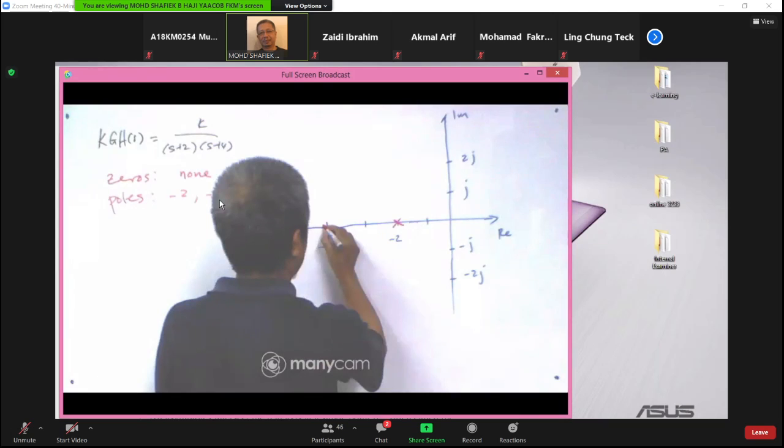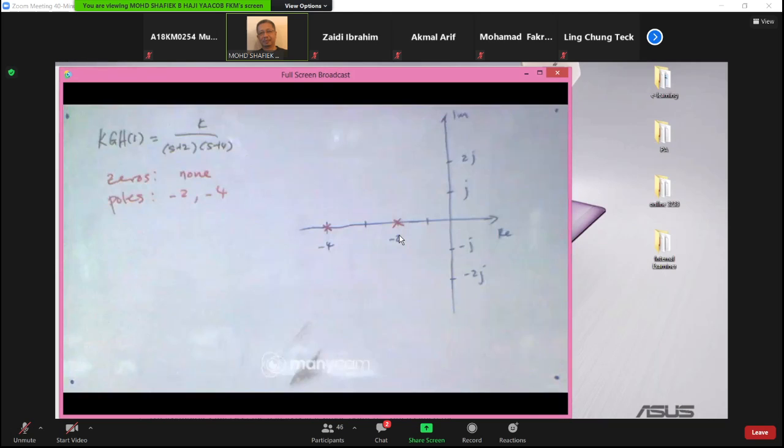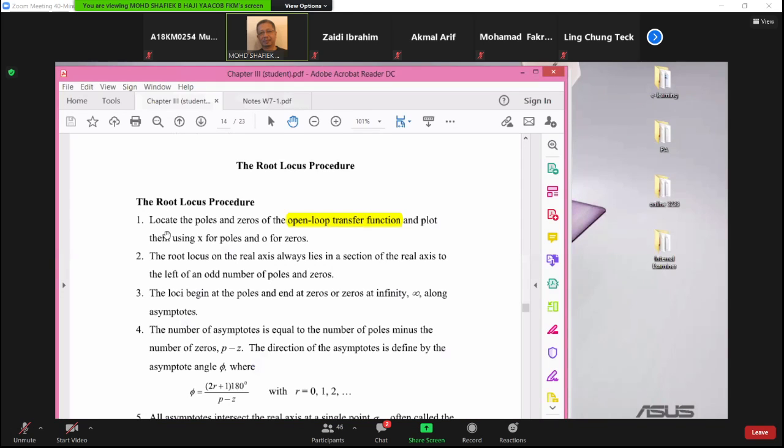Okay, so you put x there at -2 and -4. So we are done with this first step: locate the poles and zeros of the open loop transfer function and plot them, x for poles, o for zeros. Okay, that's the first step.